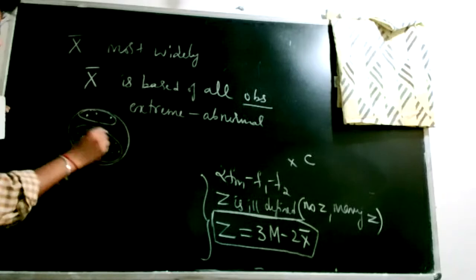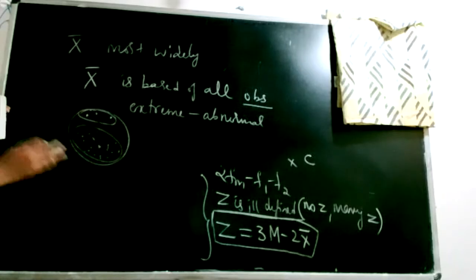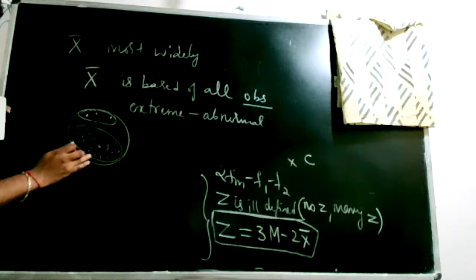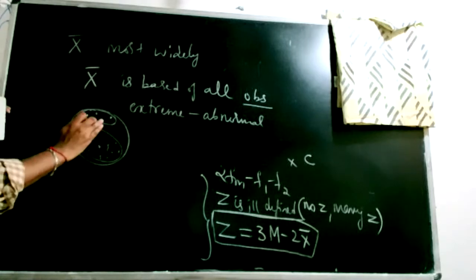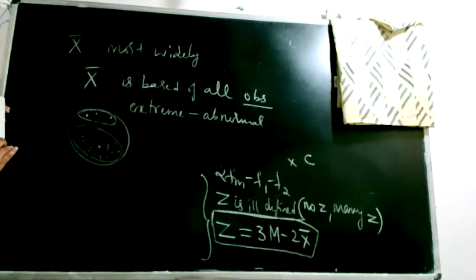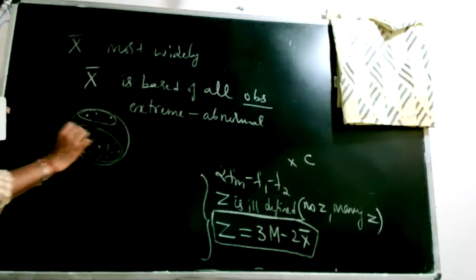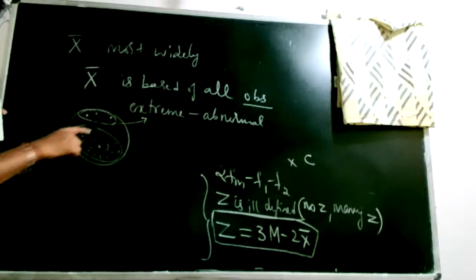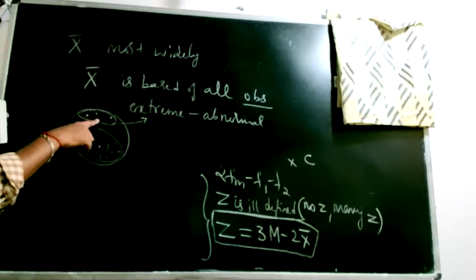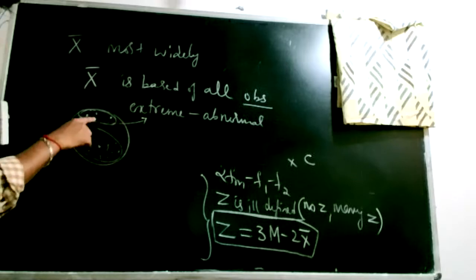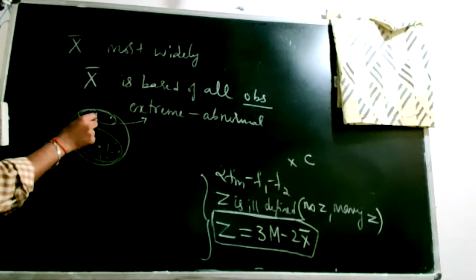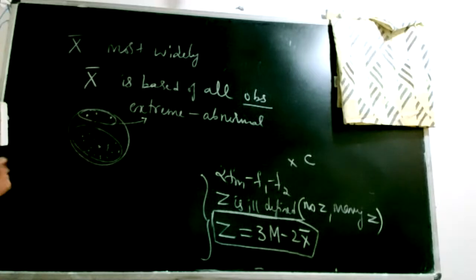So we could divide the given data set into two parts: one where all the values are close, and the other where they don't seem to fit into this particular data. So they are said to be extreme values. These values of x may be written wrongly by human error, or may have come from sampling errors, or they could be correct values but they do not fit this data.